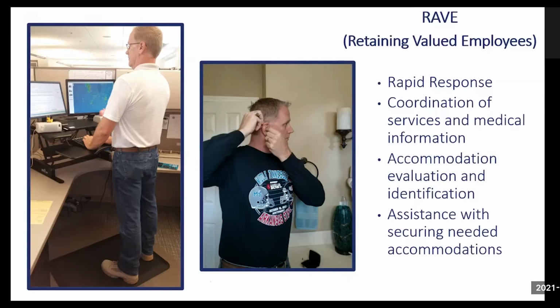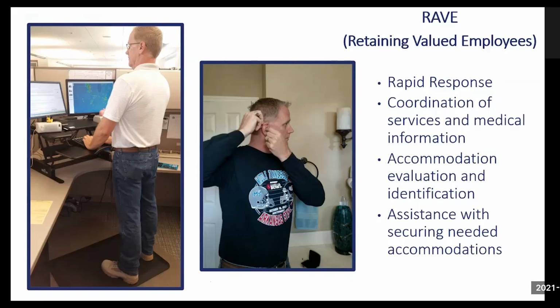So here's an example. I'm going to show you a couple of pictures before we get finished here. We're almost done. This is about how we help employers retain their people. This guy right here had a severe back injury, and he's a veteran. He did deploy. And he needed to alternate his workstation from sitting to standing.